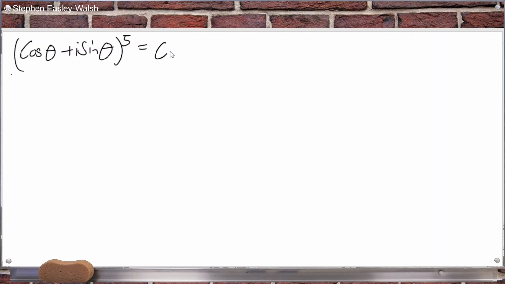That's equal to cos 5 theta plus i sine 5 theta. And then if I just put Pascal's triangle here, 1, 1, 1, 1, 2, 1, 1, 3, 3, 1, 1, 4, 6, 4, 1, and then the next one that we need would be 1, 5, 10, 10, 5, 1.